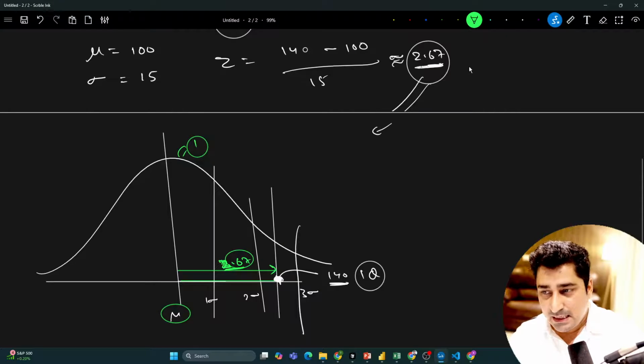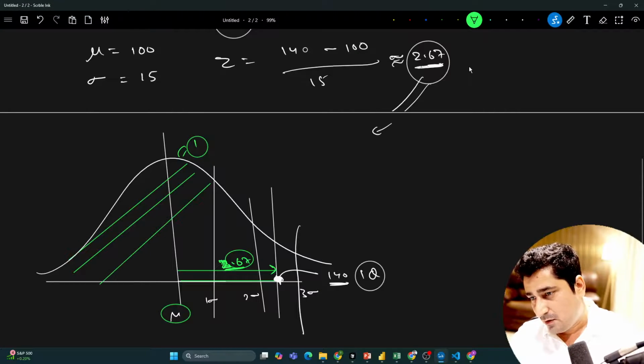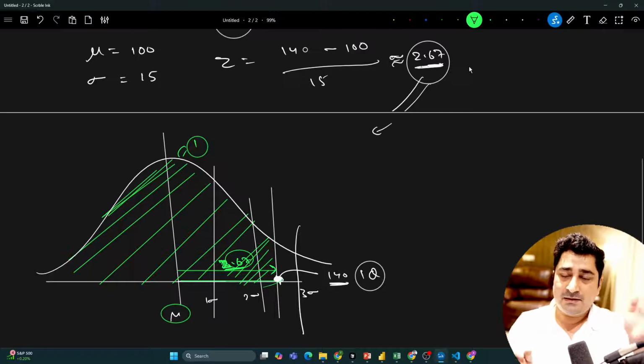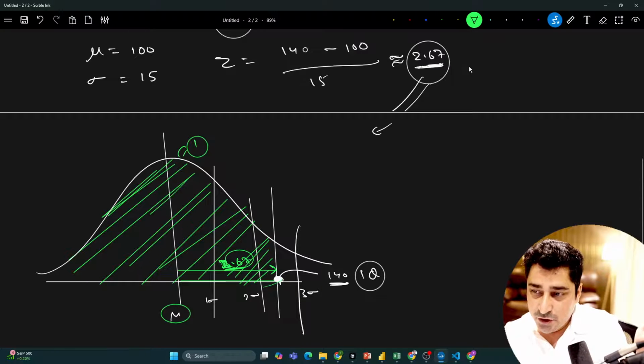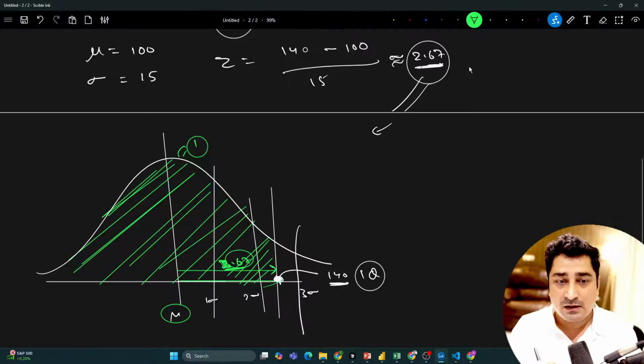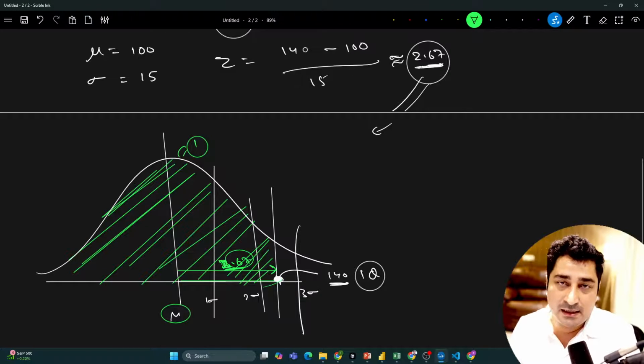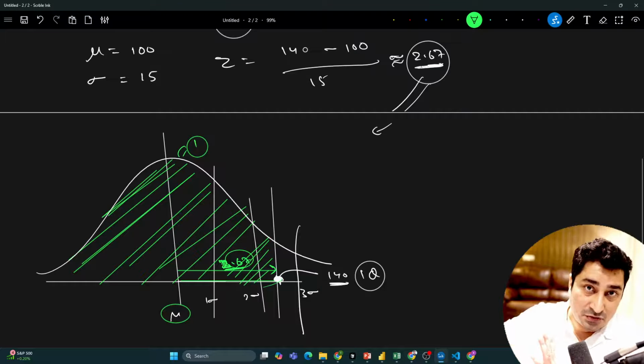It simply means that if I'm able to calculate the entire area on my left hand side, that is going to be the actual representation of how many students this student is better than.